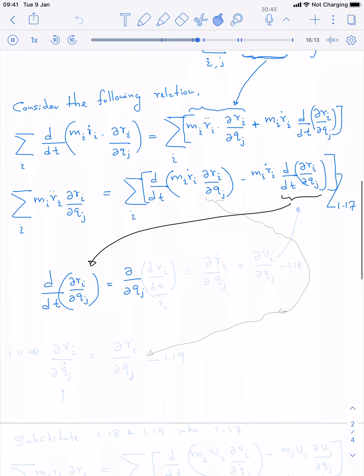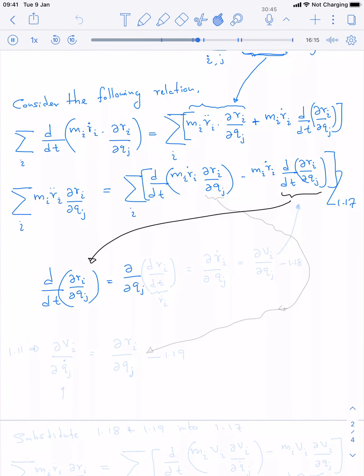So what I am doing here is interchanging the differentiation with respect to t and Qj, and then I have d Ri over dt, and that means Ri dot. So I get dabba Ri dot over dabba Qj.